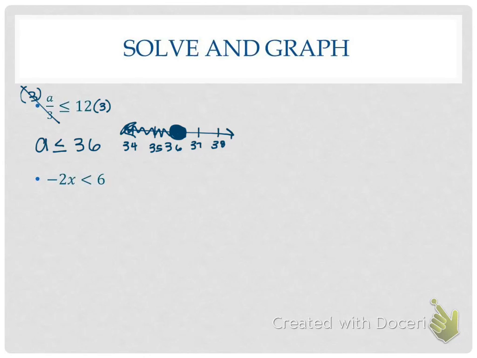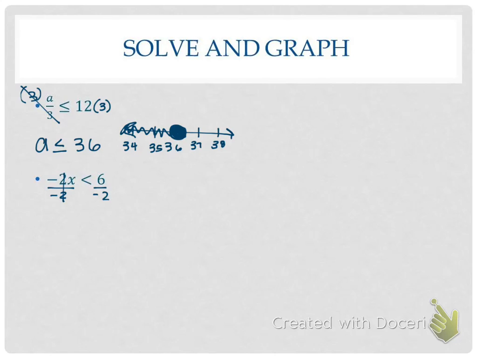Now I need everybody to pay attention on this next example because here is a new rule. What would I do to get x by itself? Divide by -2. When we are working with inequalities, anytime at all I multiply or divide by a negative number, I have to flip the sign.